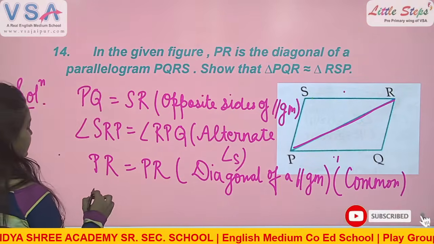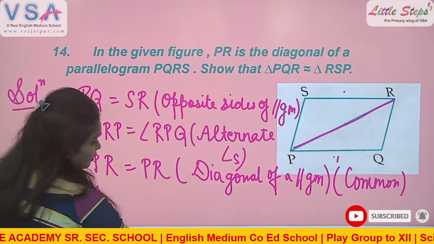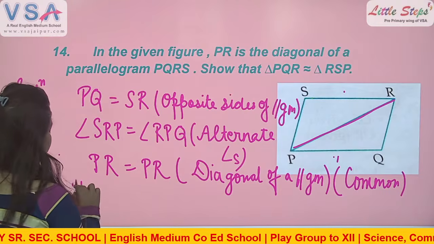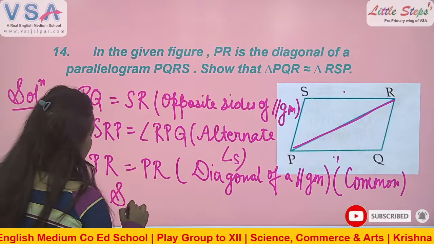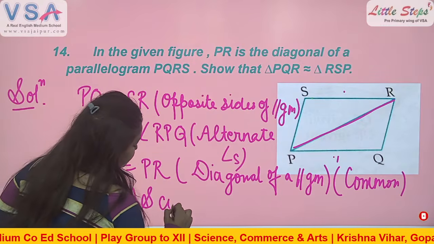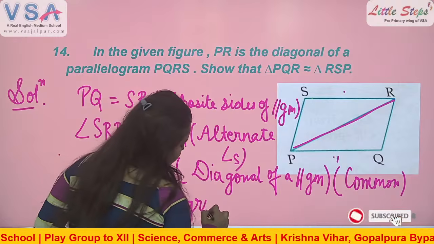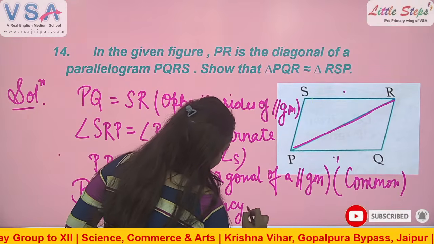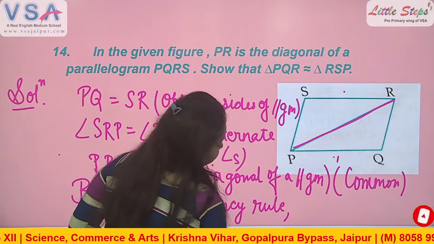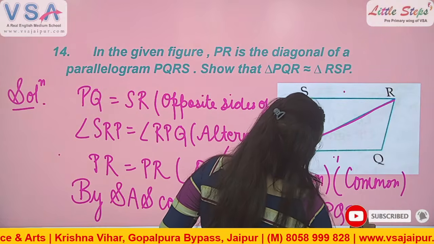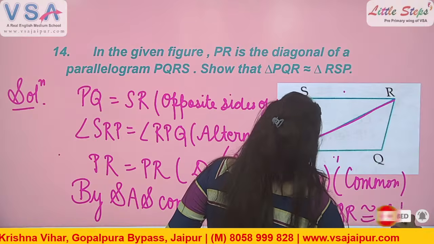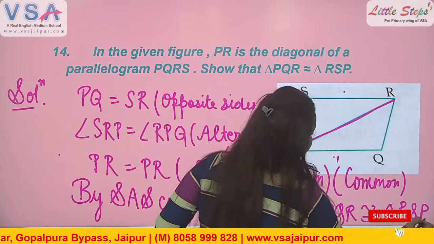That's why, before writing congruence, we need to write the rule, by side angle side, by SAS congruency rule. By SAS congruency rule, triangle PQR congruent to triangle RSP. This is how we will do this question.